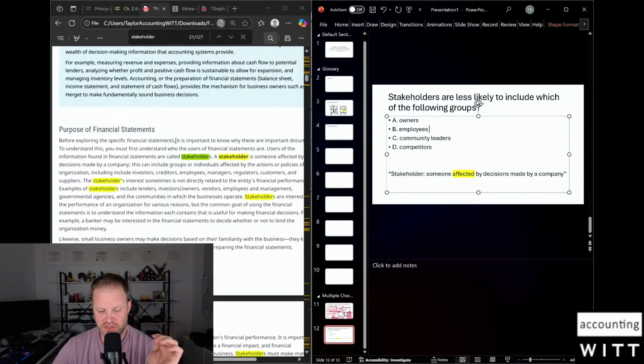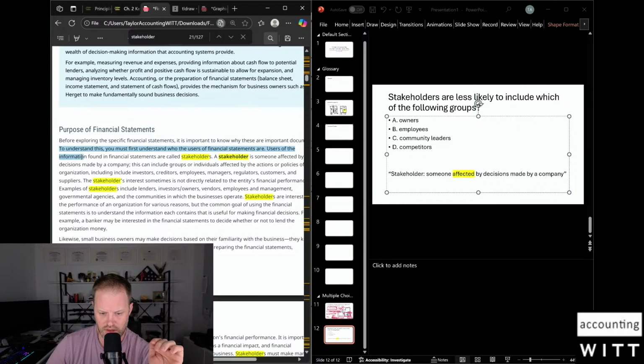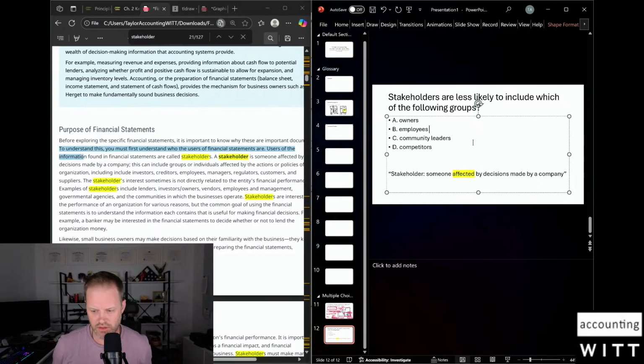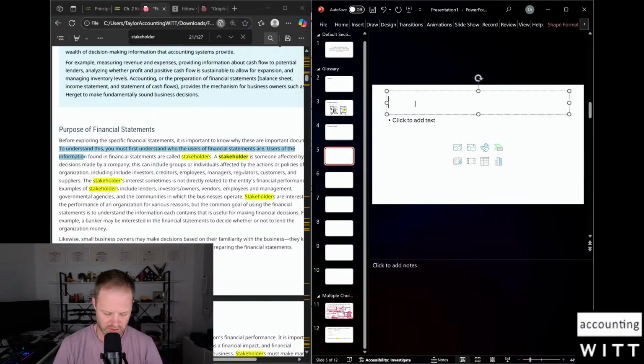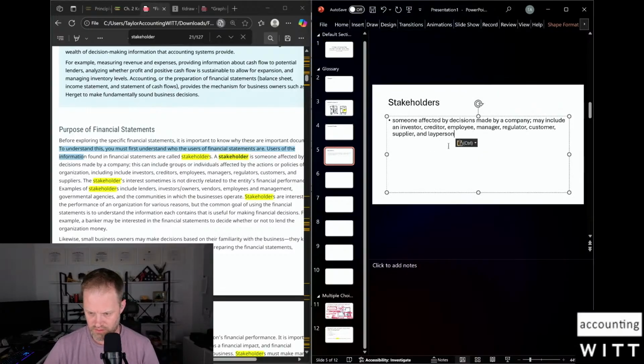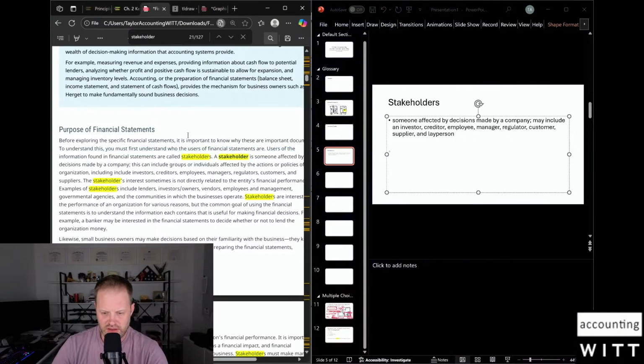Before exploring the specific, important to know. So over here, I'd say, okay, stakeholders. Let's make a section for stakeholders. Someone affected by the decisions made by the company. Haven't decided how much I like that definition yet.